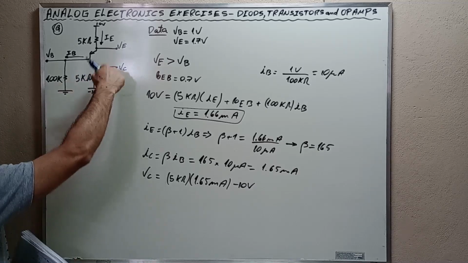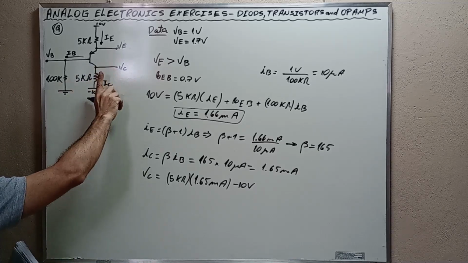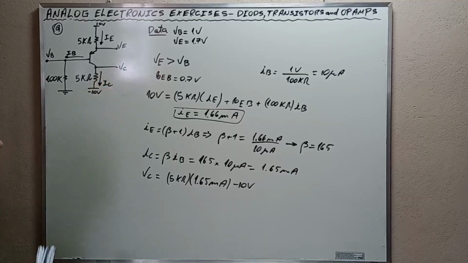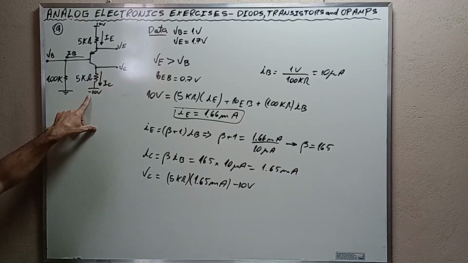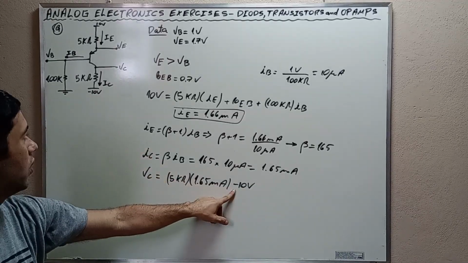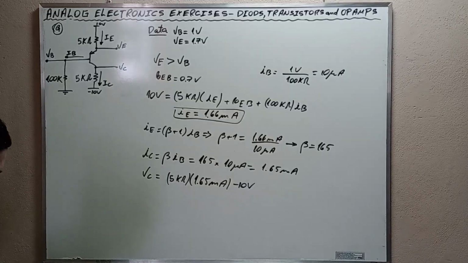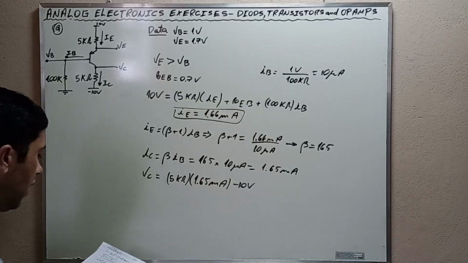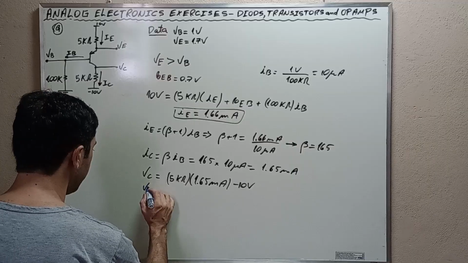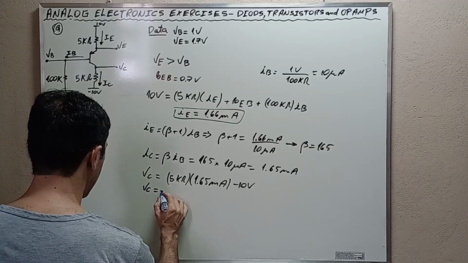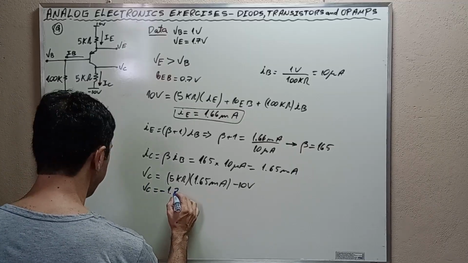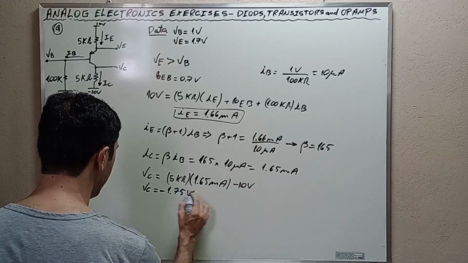As IC is going downwards, the voltage drop is going to point upwards, and I have a negative source here. Then I add the negative source. And then I find that VC is equal to negative 1.75 volts.